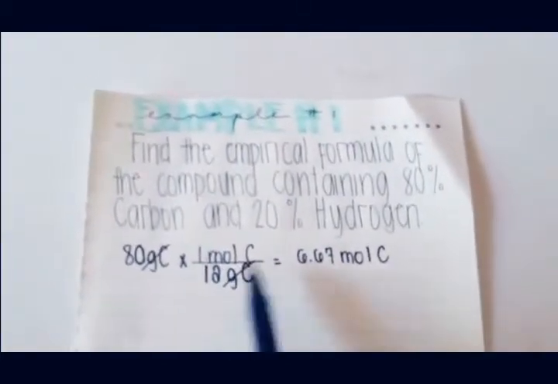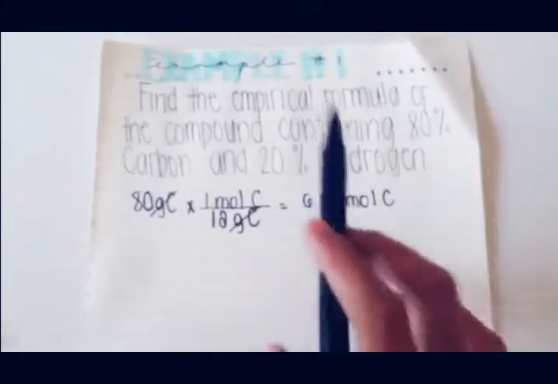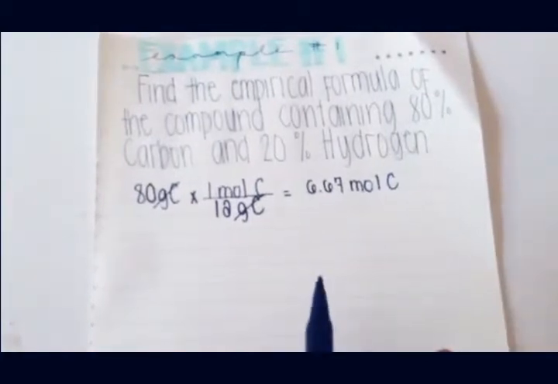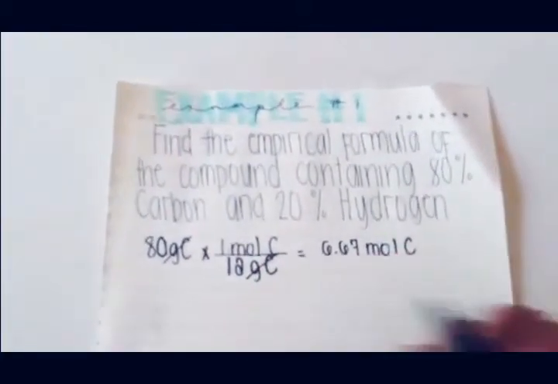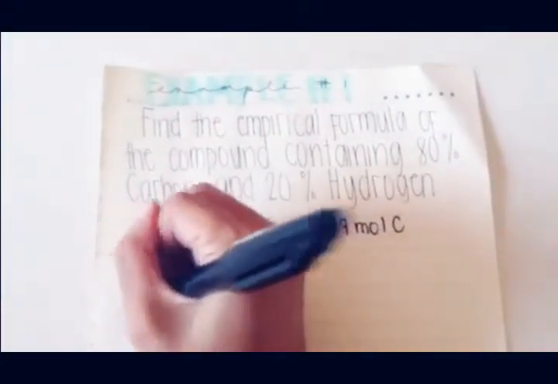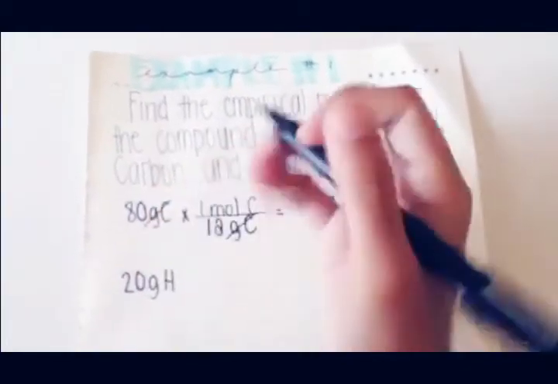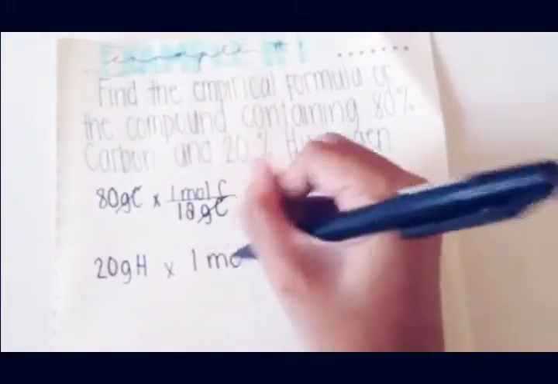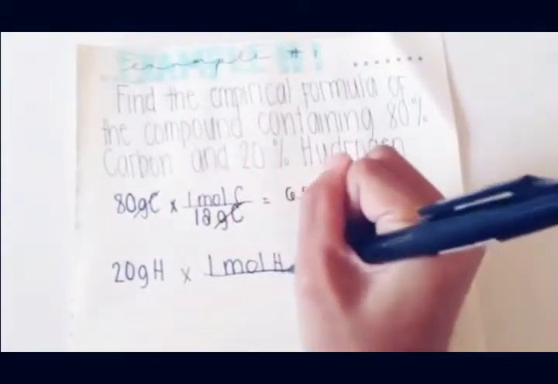So now we have to find the second element, which is the hydrogen. We have to repeat the same steps as we did in the carbon. So we have to write 20 gram hydrogen times 1 mole hydrogen over its atomic weight.